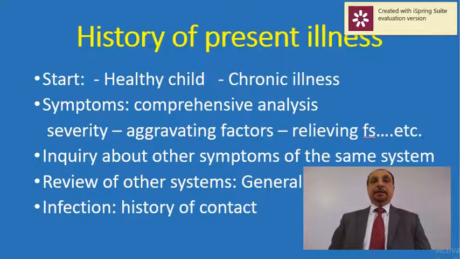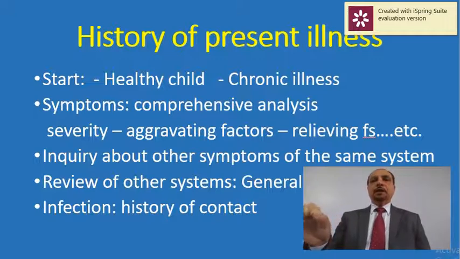But if we have a child with a chronic disease, usually such children will never become very healthy, but they have exacerbations of the symptoms, and sometimes the symptoms are less. That's why, if the chronic illness is diagnosed, we will say this child is a known case of, for example, bronchial asthma, type 1 diabetes, nephrotic syndrome, or some genetic disease like this.